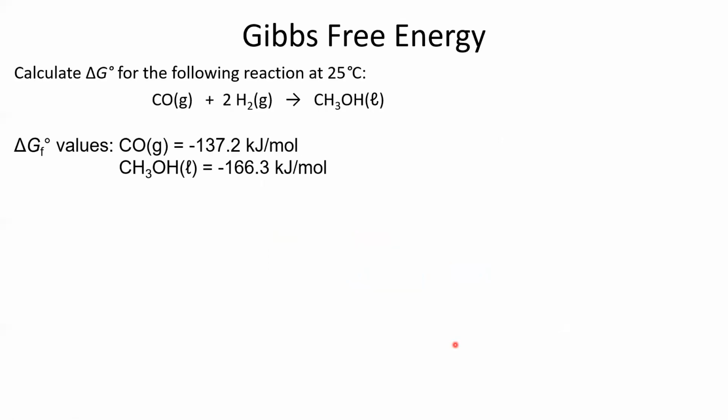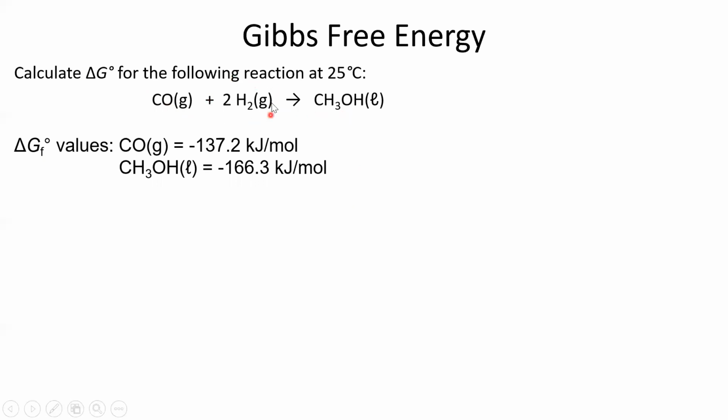Let's look at a question that uses that equation. So we want to calculate the free energy associated with this reaction. And again, we've got two different equations we could do that with. We have to look at what we're given to decide which equation works. In this case, we're given the delta G of formation for our carbon monoxide and our CH3OH.